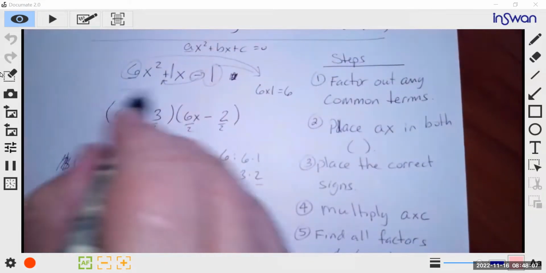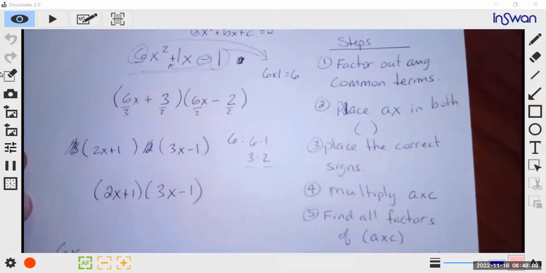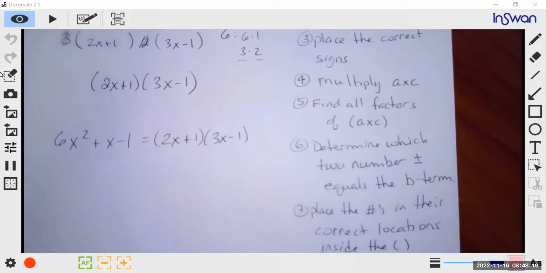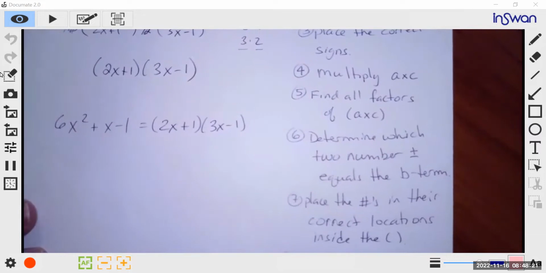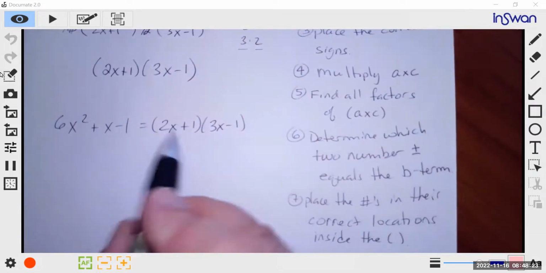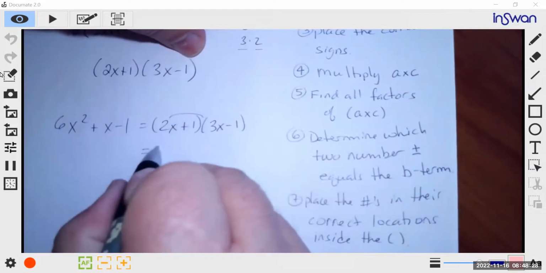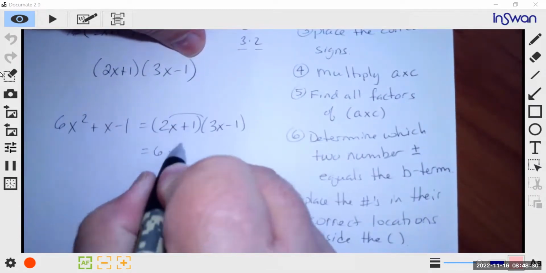So we started off with 6x squared plus x minus 1. And we said our factors are 2x plus 1, 3x minus 1. Always test your answers. If I multiply these two together, 2 times 3 is 6. x times x is x squared.